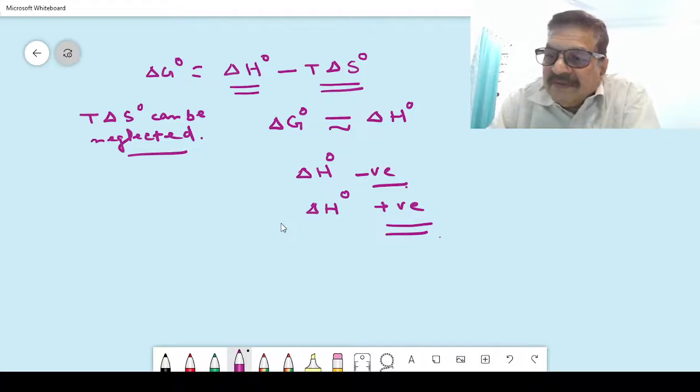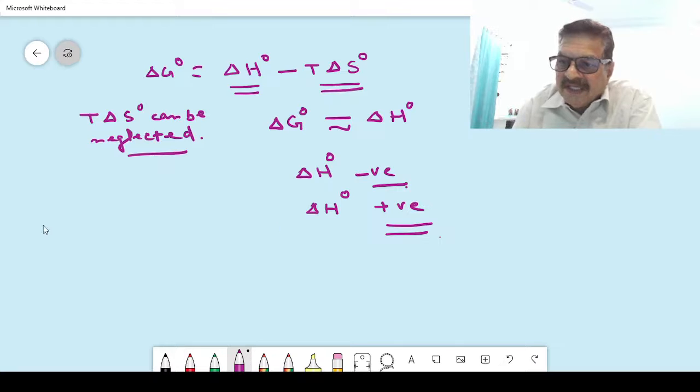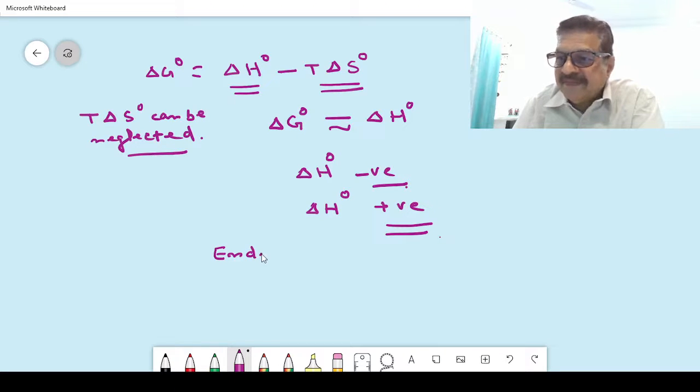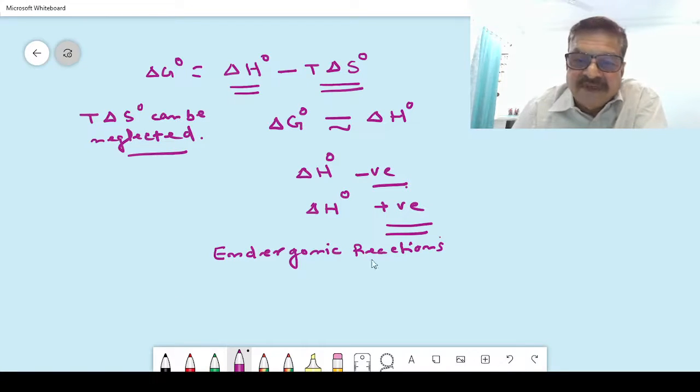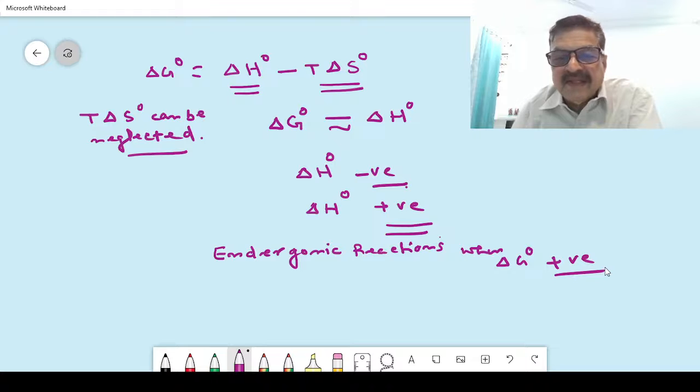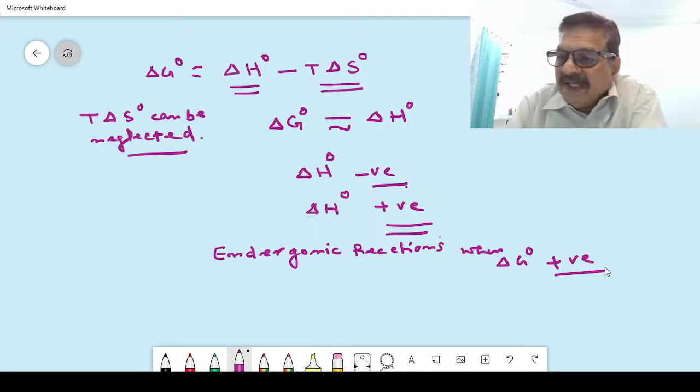Now, two other terms are there here. We have been dealing with endothermic and exothermic reactions. Now, there are endergonic reactions. When delta G is positive, the reaction is known as an endergonic reaction.